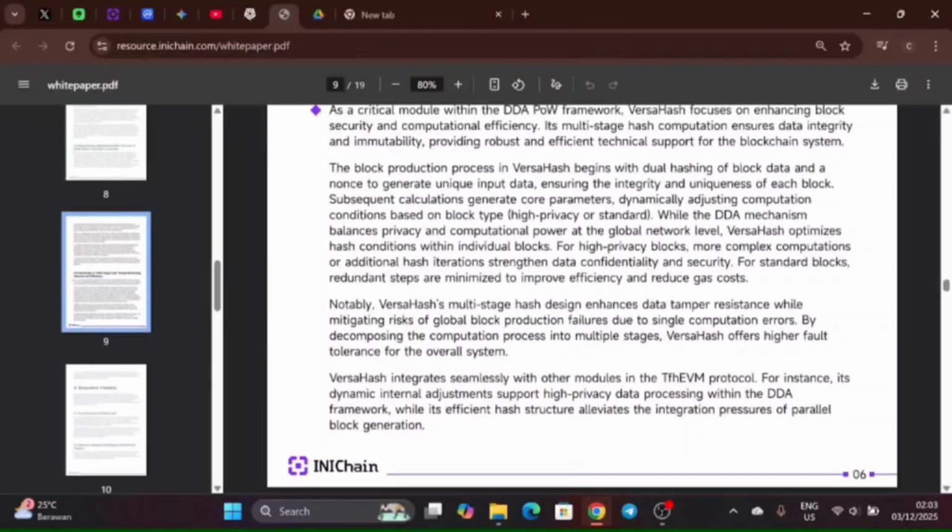Versa Hash integrates seamlessly with other modules in the TFHE and event protocol. For instance, its dynamic internal adjustment supports high frequency data processing within the DDA framework, while its efficient hash structure and language integration support parallel block generation.